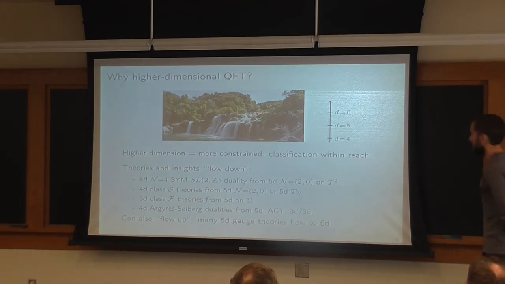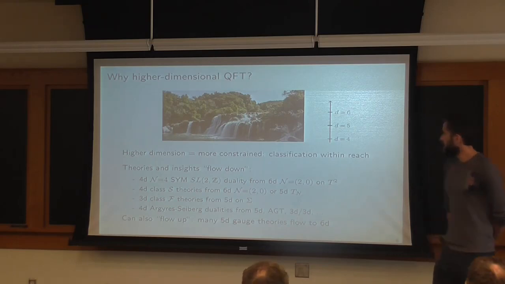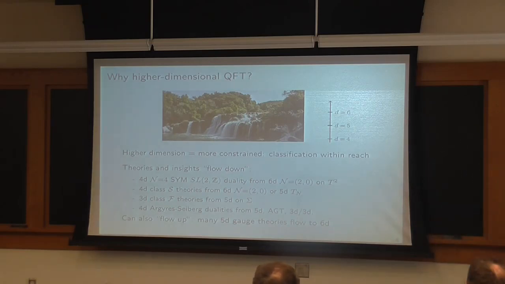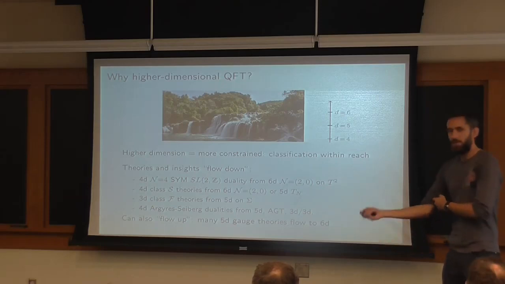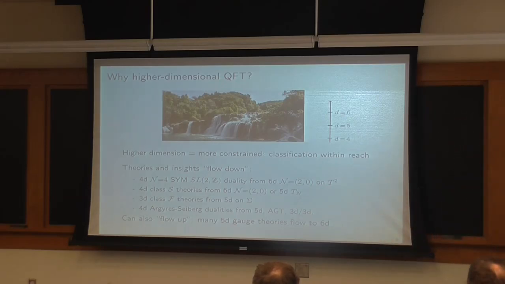So this is quite an interesting insight, and there are a lot more which one could go through, which I don't want to do here. As a somewhat amusing point, in theory space you can also flow up. There are lots of examples of 5D theories that actually flow to 6-dimensional superconformal field theories. So here you can also reverse it and study things else.